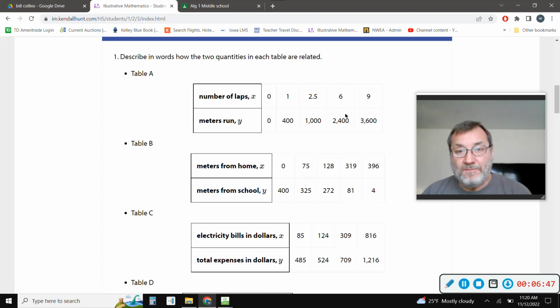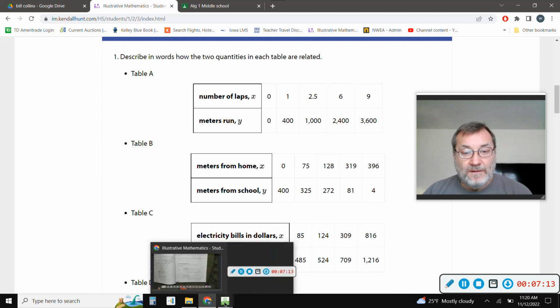How would I get from 6 to 2,400? Well, I could add 2,394, or I could multiply by 400. Same thing here with 9. I could do the subtract thing, or the addition thing, or I could multiply by 400, and I get down here to 3,600. So it looks like I just take the x value, multiply by 400, and I get the y value.